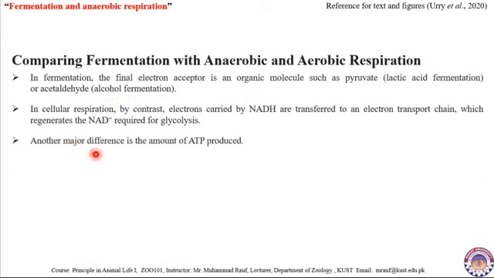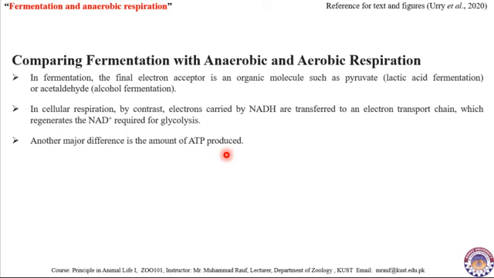Another major difference is the amount of ATP produced. Of course, in aerobic cellular respiration, the maximum number of ATPs will be produced because all these stages will take place efficiently.